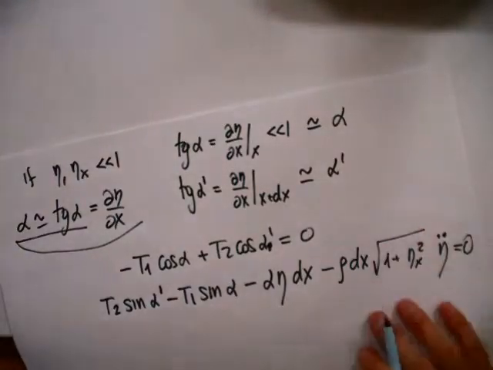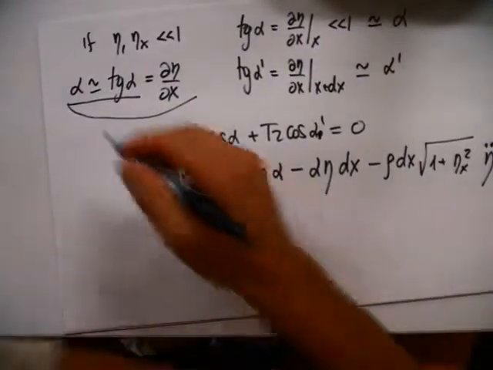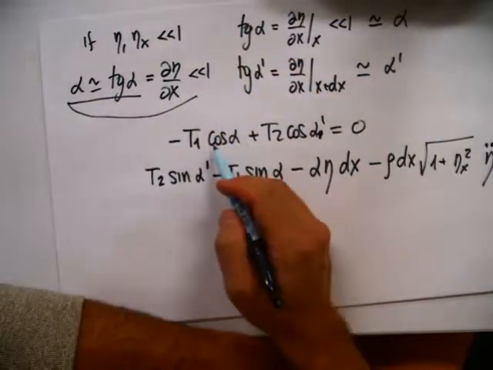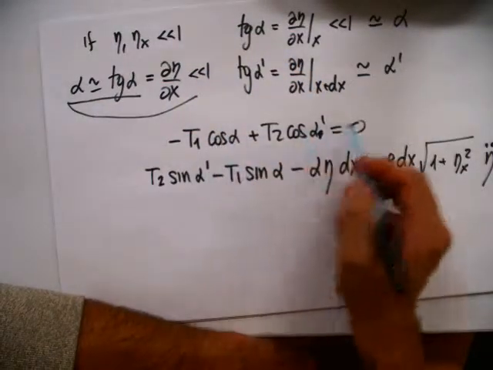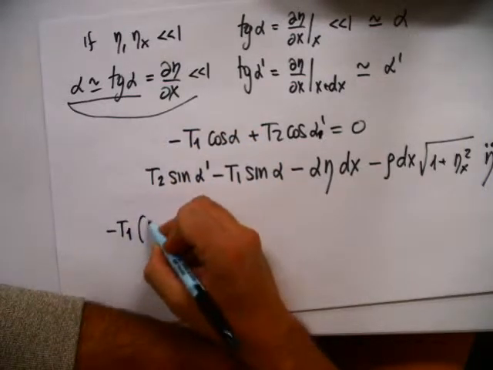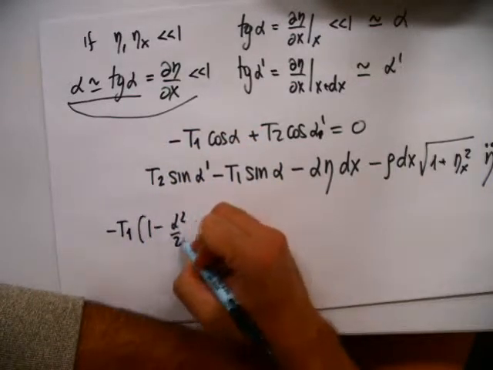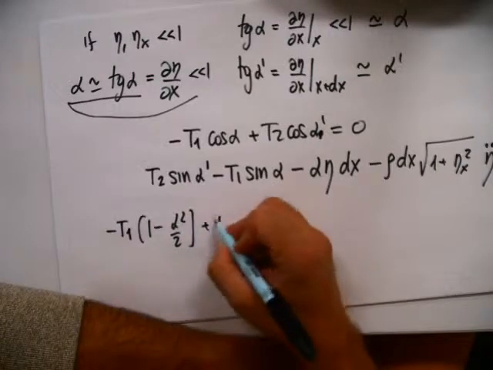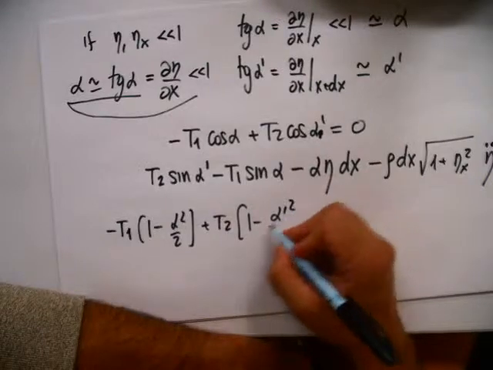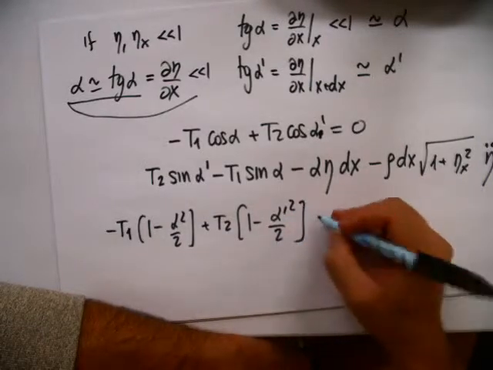Since alpha is also very small, I can Taylor series all these coefficients. So the first equation becomes minus T1 times 1 minus alpha squared divided by 2 plus T2 times 1 minus alpha prime squared divided by 2, and this has to be equal to 0.